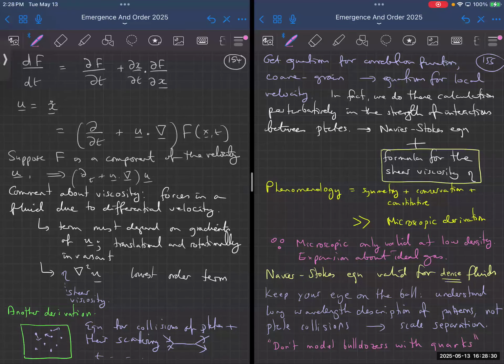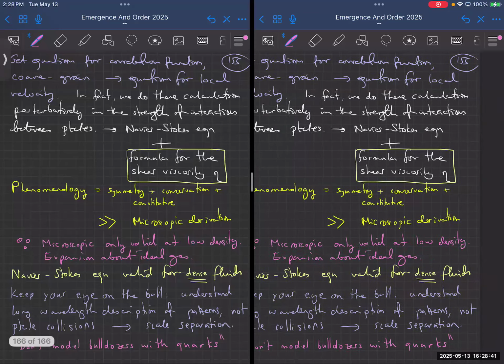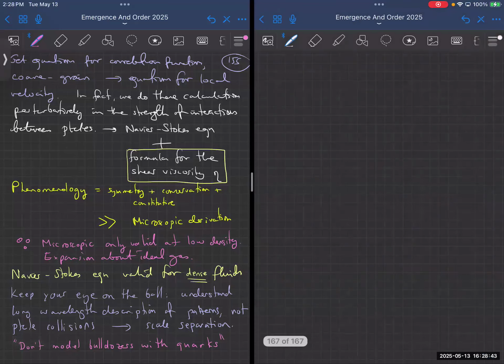A bulldozer is a machine that you use to build roads and buildings and things like that, and quarks are quarks. Okay, so choose the right level of description. Okay, so that's part of the equations. So we're not done yet.